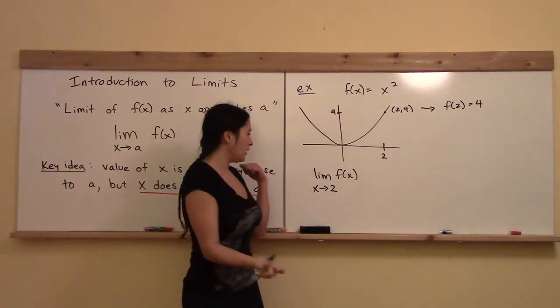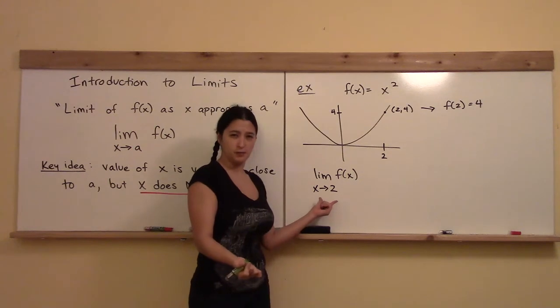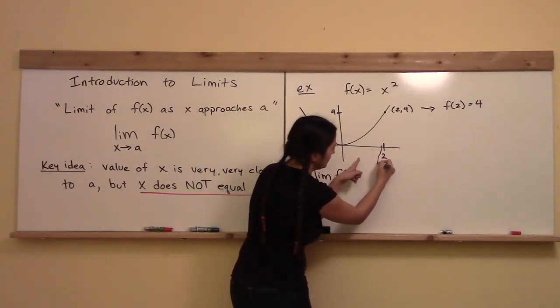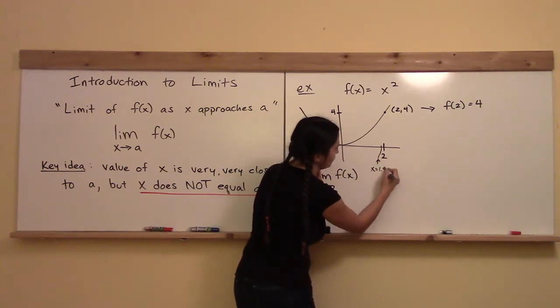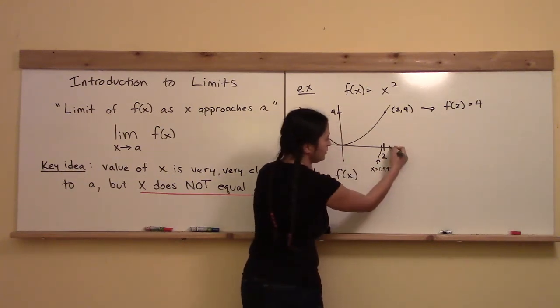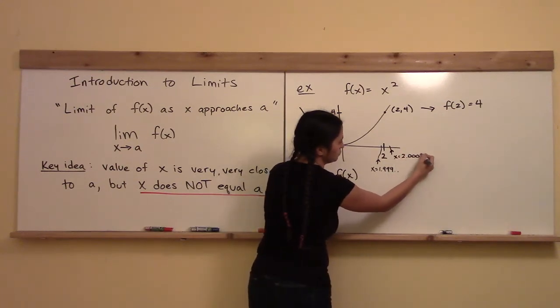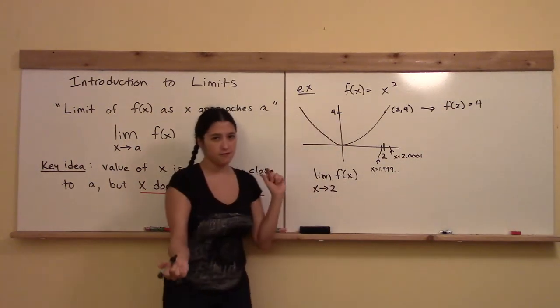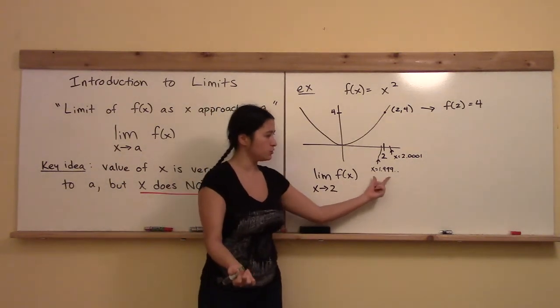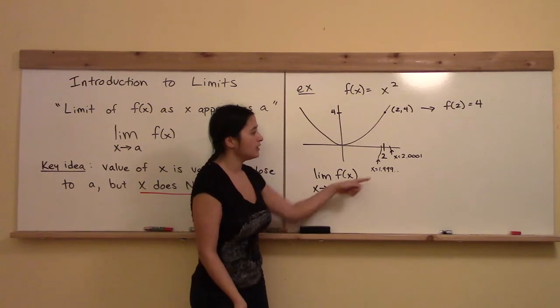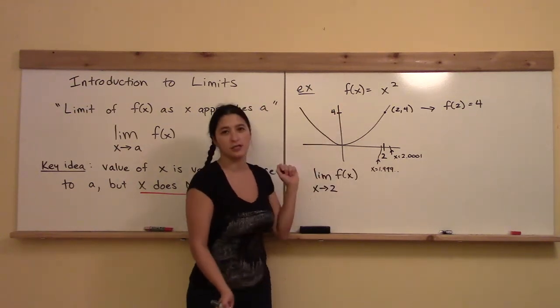Okay, so as x approaches the number 2, which is to say it's very, very close, maybe over here, maybe x is equal to 1.9999, or maybe over here, really close on the other side, x is equal to 2.000001, something like that. For values very, very close to the number 2 for x, what kind of values are we going to get when we put these into the function?